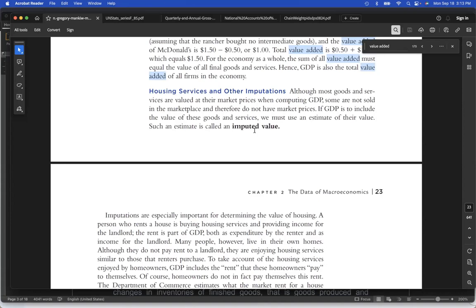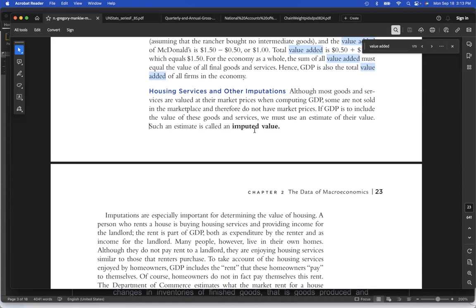An example of an imputed value is rental services for a house that you own. Remember, if you buy a house, that is residential investment that will show up as I, but you should also have residential consumption. So yung residential consumption, because you're not paying rent to yourself, pupunta yun dapat sa C, but then we don't know what that is.